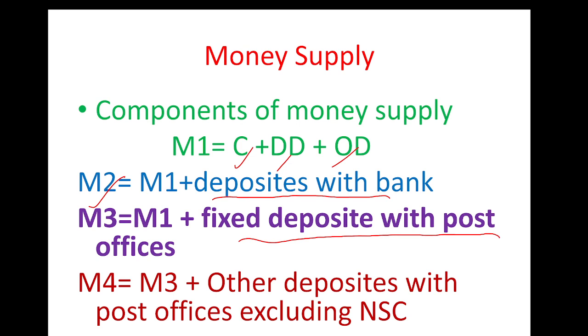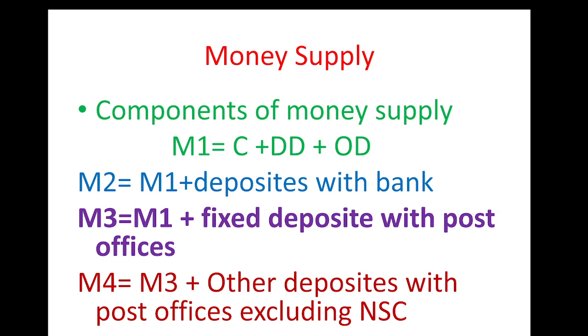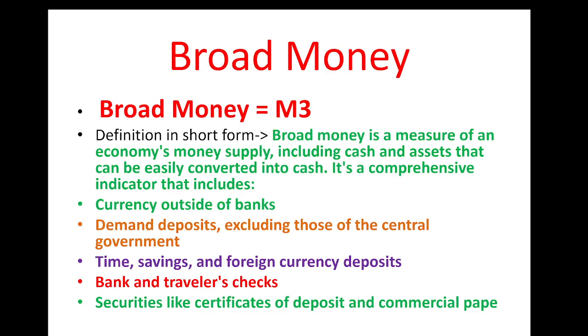And M4, this is the last component, that is the other deposit with the post offices, but it does not include NSC, National Savings Certificate. This is M4.